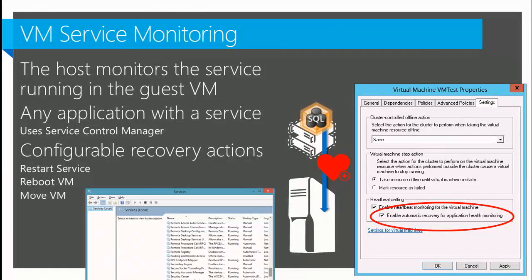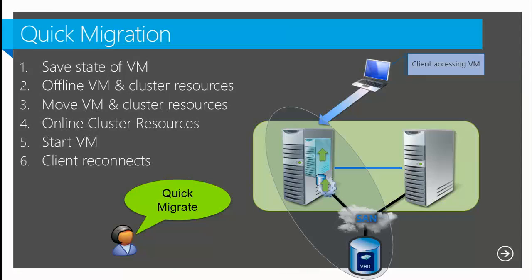So if you have a service within a VM that freezes or crashes, we can automatically restart that service from our host. We can restart that VM. We can move that VM to a different host and try restarting it there. So our goal here is additional redundancy, additional resiliency, keeping things running online. With this, again, we peek inside, restart those services, restart those applications.